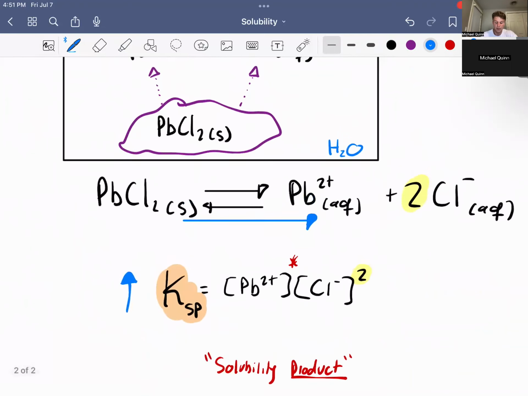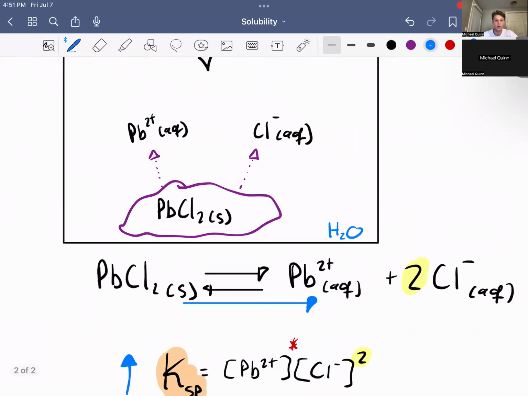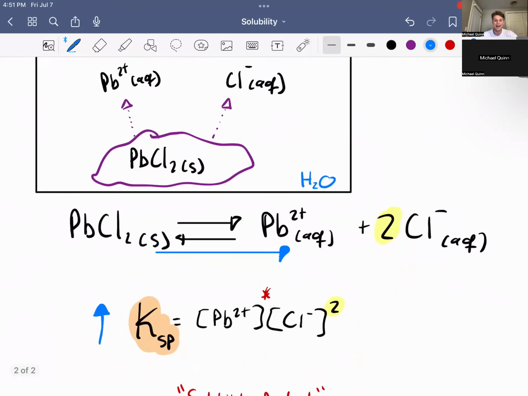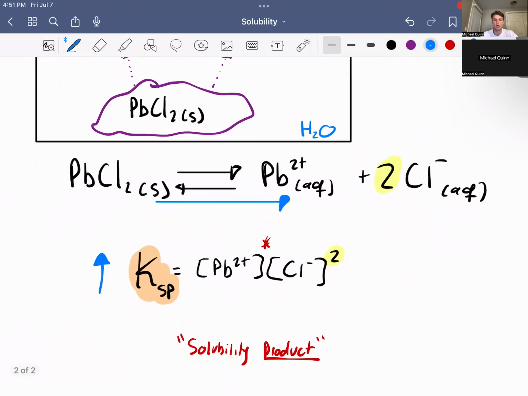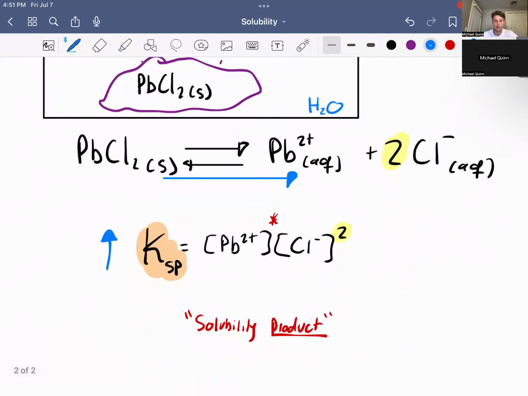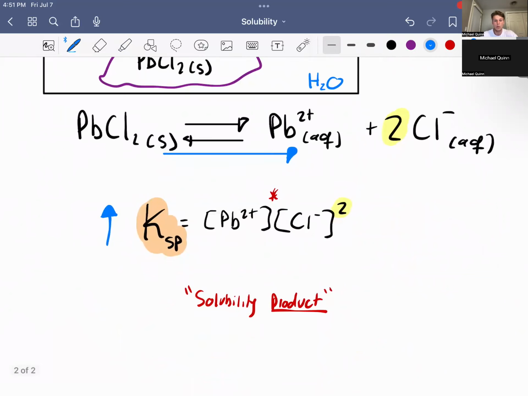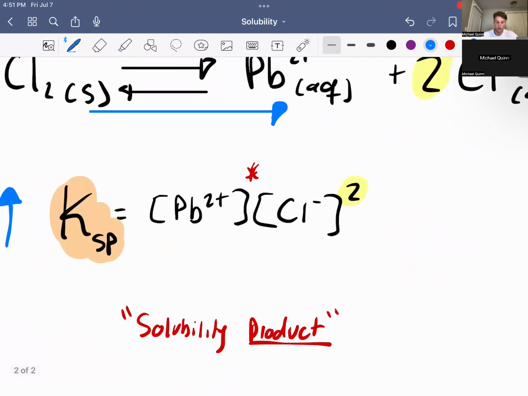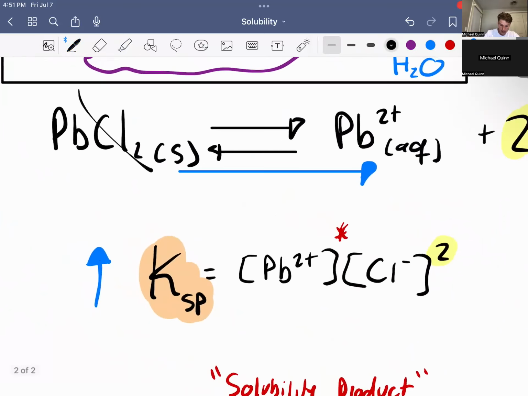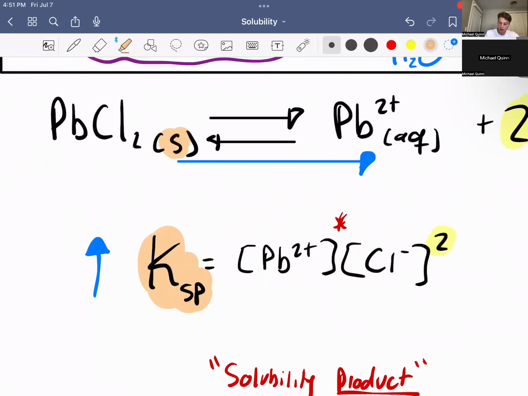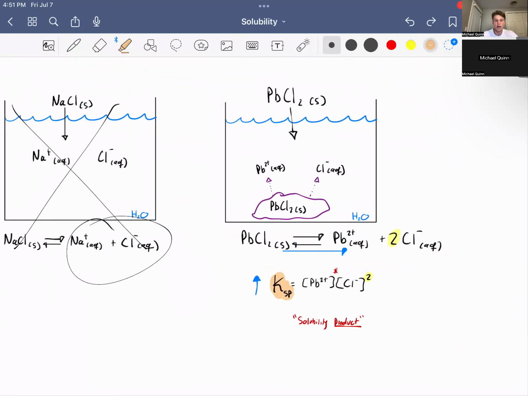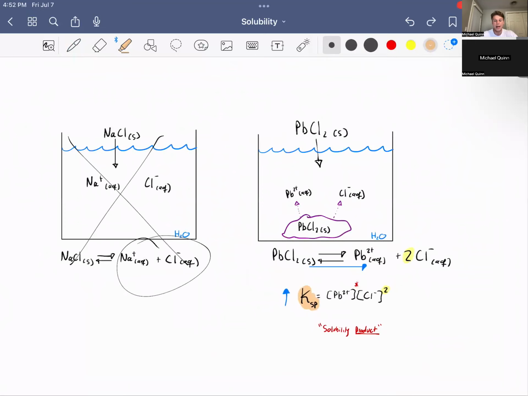So when we have something that is slightly soluble or insoluble, like lead chloride, you can write an equilibrium expression to express your solid and your two aqueous ions in equilibrium, and to write the KSP, which is the solubility product constant. You can simply write products over reactants, and we would not include PbCl2 in our KSP expression because it is a solid. So in the upcoming videos, I'm going to show how KSP will help us solve problems that have to do with solubility.